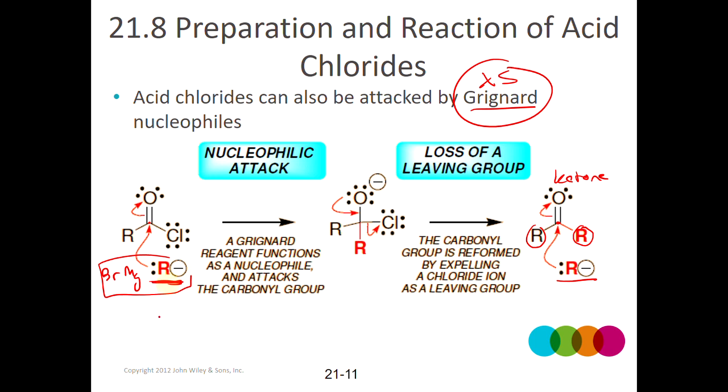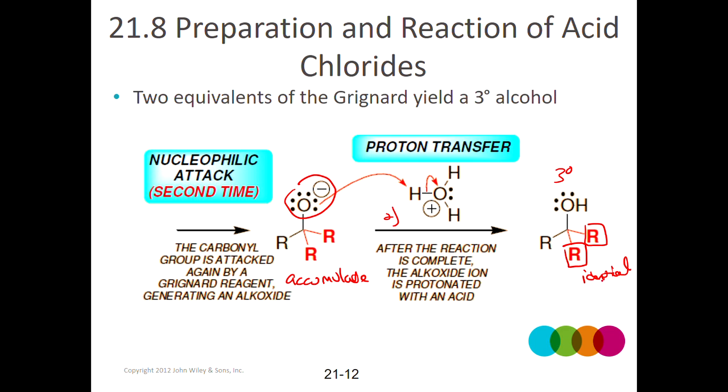But those 2 groups will be identical, because it's not going to be a clean reaction if I use a mixture of different Grignards, since I can't control where each one attacks. I'd get a complicated mixture of products. So all my Grignards are going to be the same structure. It's going to attack there twice, so 2 of the R groups in the end will be the same.